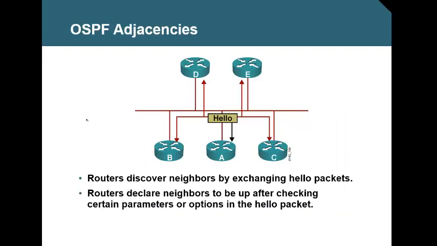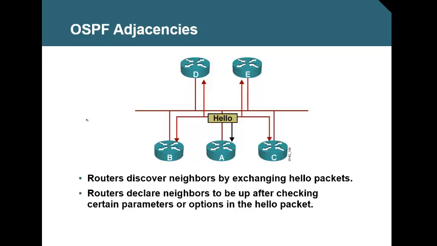Now we also learned that OSPF sends hello packets like EIGRP. Can someone say how often EIGRP sends hello? 5 seconds. Every 5 seconds EIGRP sends hello, and 15 seconds is the dead timer.